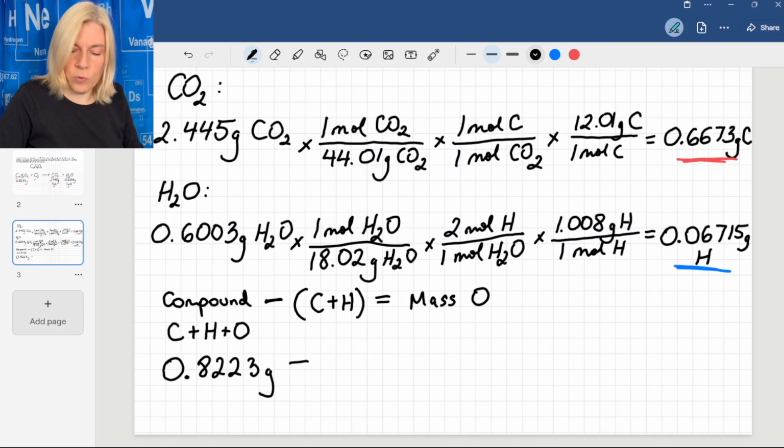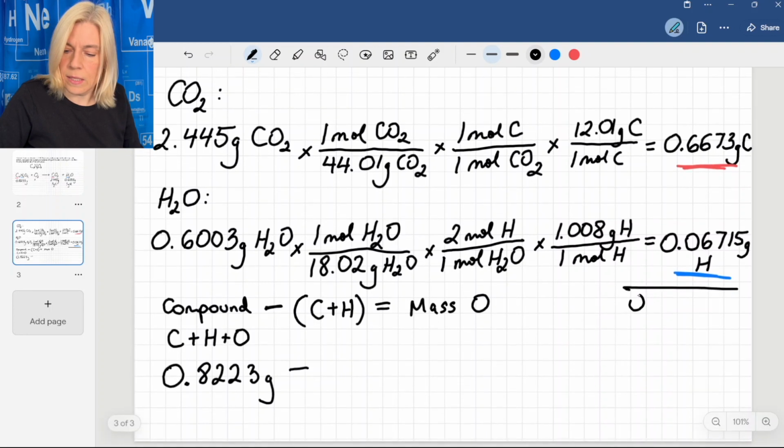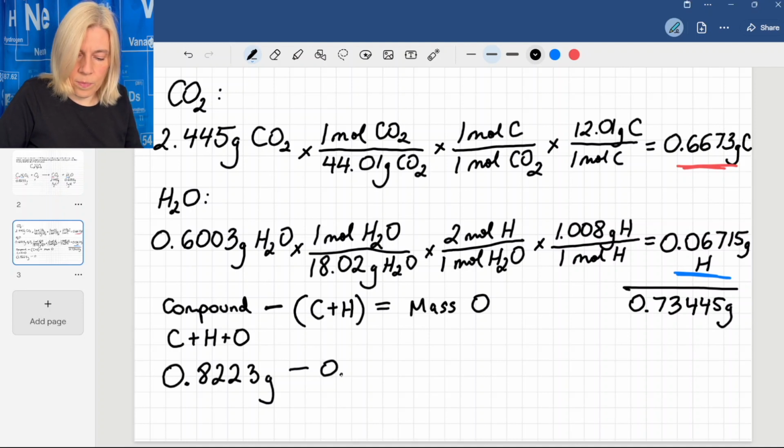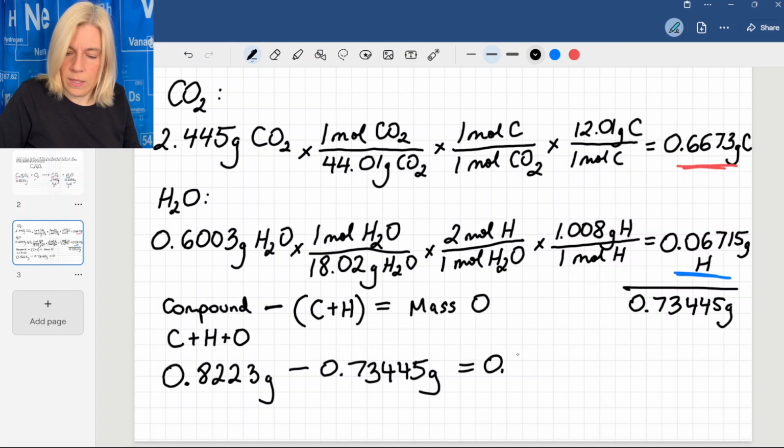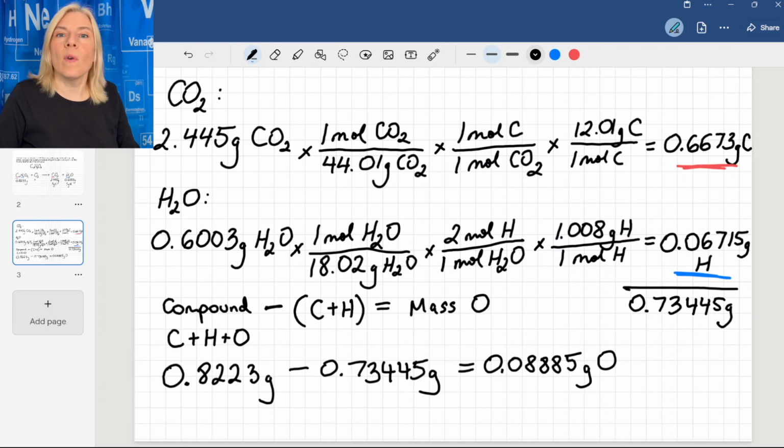If we add these two numbers together, we have 0.73445 grams as my carbon and hydrogen added together. So minus 0.73445 grams, I'm going to be left with 0.0885 grams of oxygen. Wow, that's great.